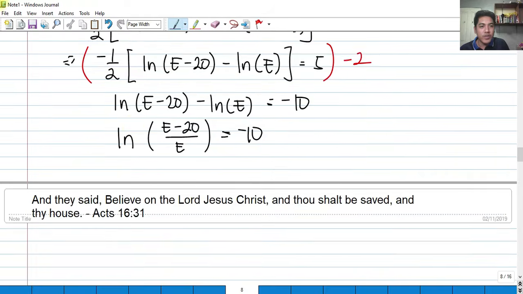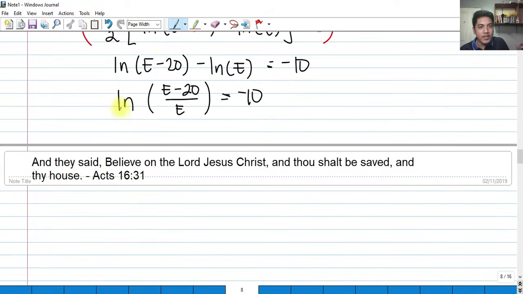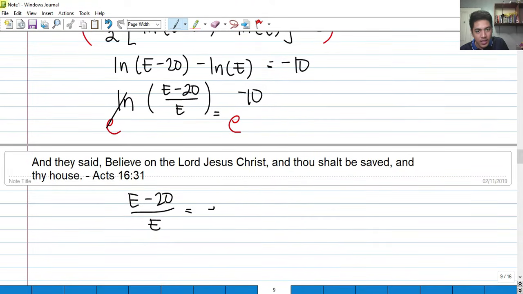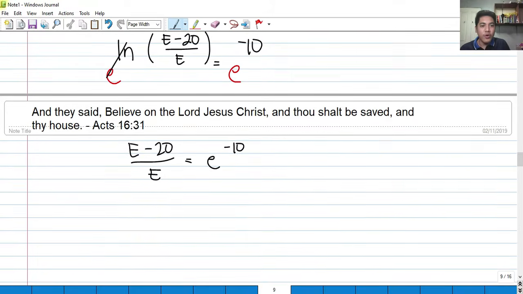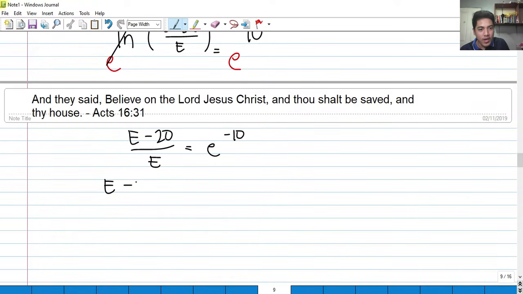If I exponentiate both sides, putting e on the left side and on the right side, whatever you do on the left side you do also on the right. So this cancels, and we have (E - 20)/E equal to e raised to negative 10. If I cross multiply, E minus 20 is equal to E multiplied by e raised to negative 10.